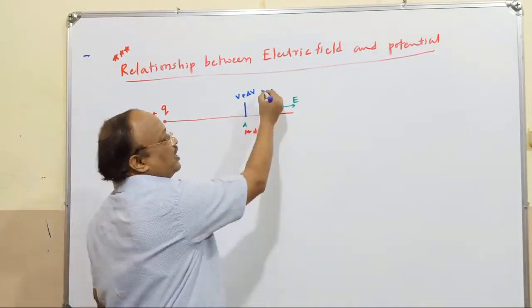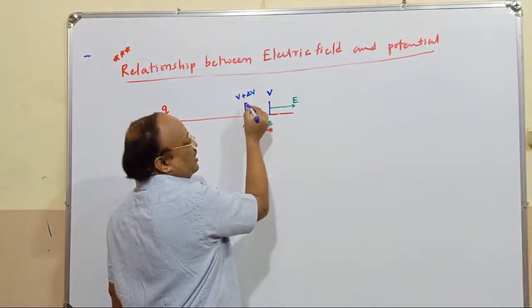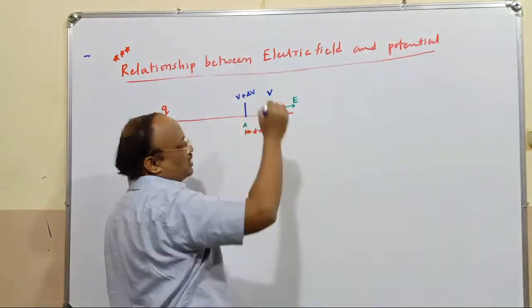So at B it is V, and at A it is V plus dV.